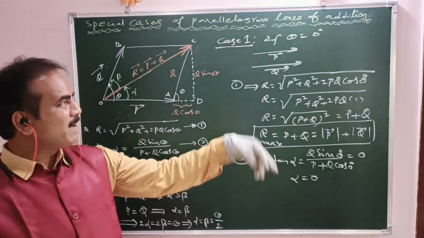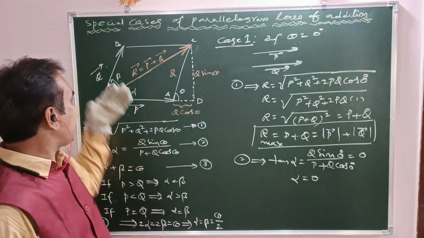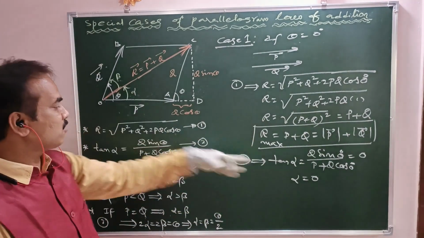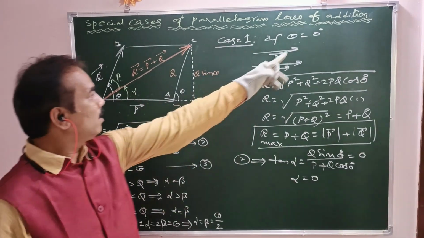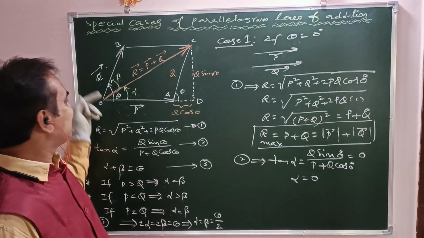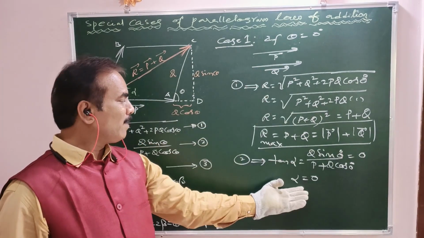Alpha is the angle made by the resultant with P bar, so alpha is also 0. Here theta is 0, the parent vectors are parallel to each other, which implies alpha is also 0.